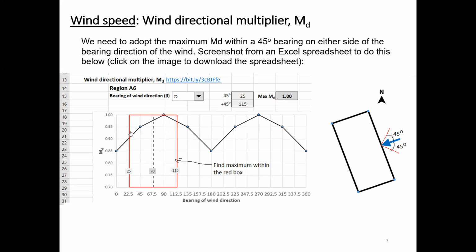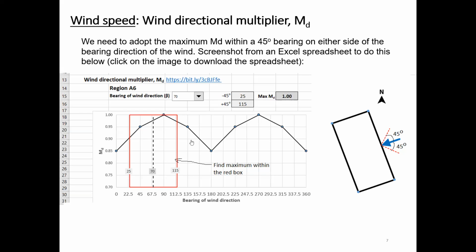So if the bearing is 70 degrees, we start at 25 degrees and go to 70 plus 45, which is 115. Within this frame, we look for the largest value. So here, we would use a value of 1 because that's the largest value within this box.